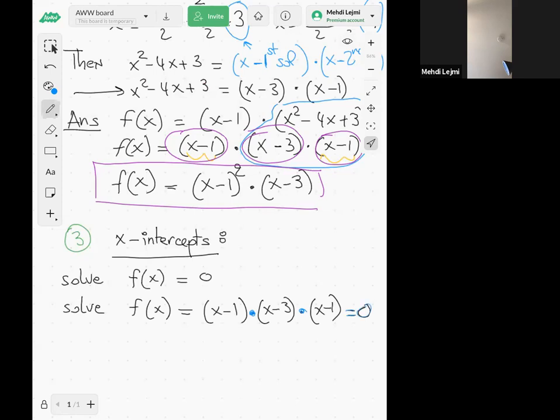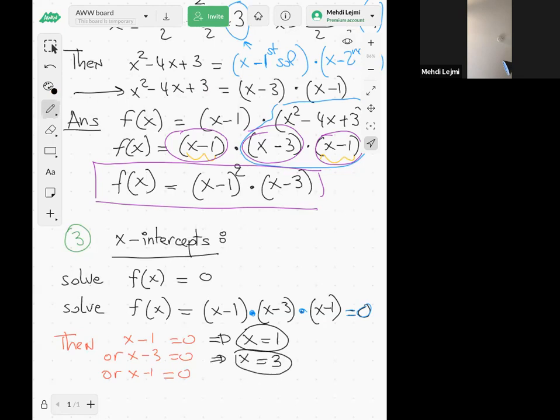Then one of the factors is 0. So then x minus 1 is 0, or x minus 3 is 0, or x minus 1 is 0. Right? So of course, if x minus 1 is 0, then x is equal to 1, and x is equal to positive 3.